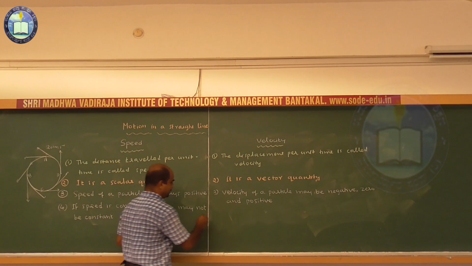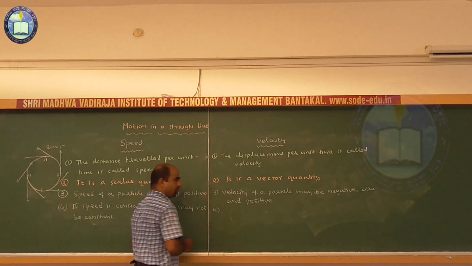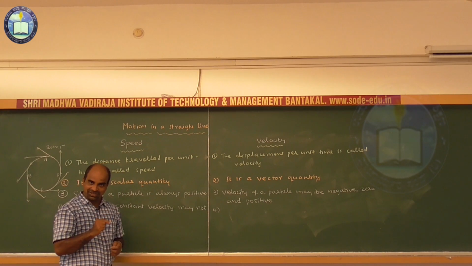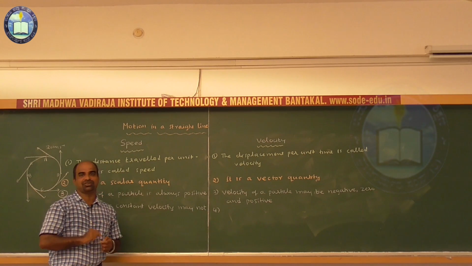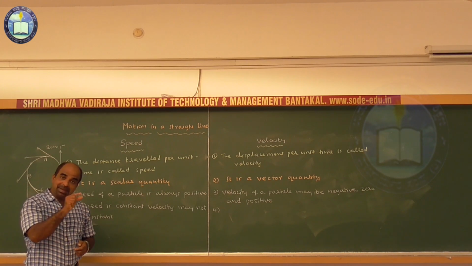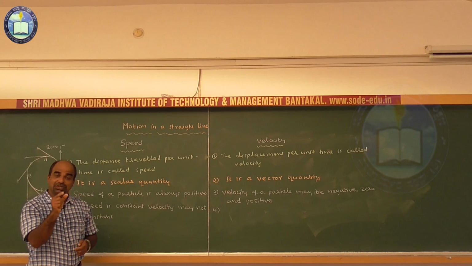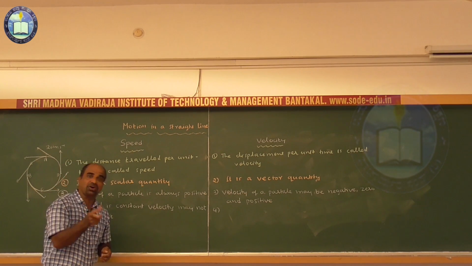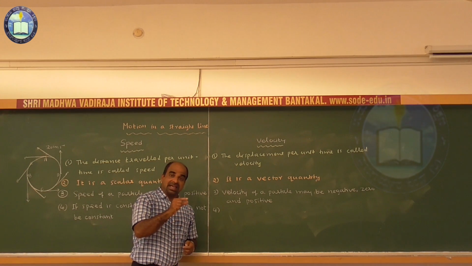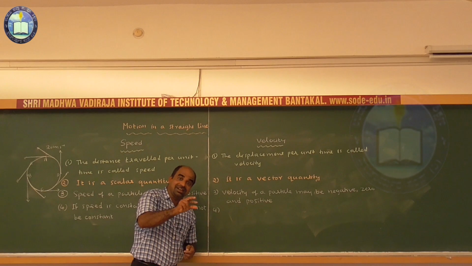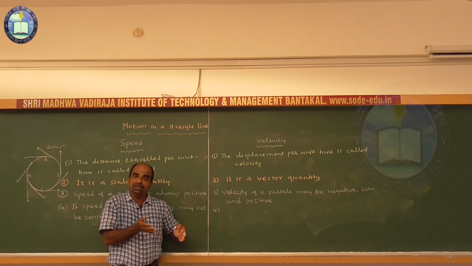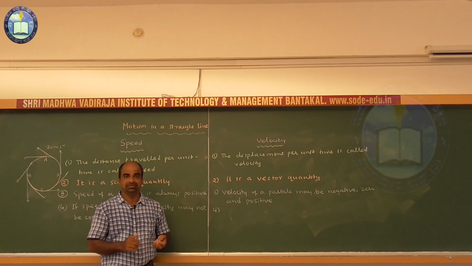What about the other case? If velocity is constant, speed is always constant. Velocity constant means both magnitude and direction of the motion of the particle remain constant. If magnitude is constant, it is enough to say speed is constant.